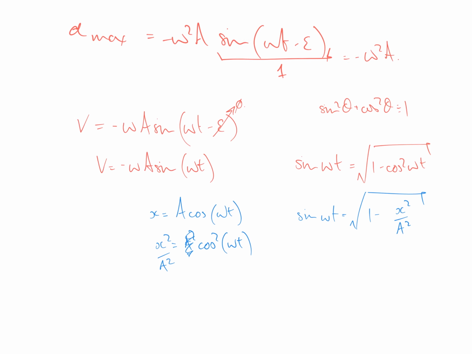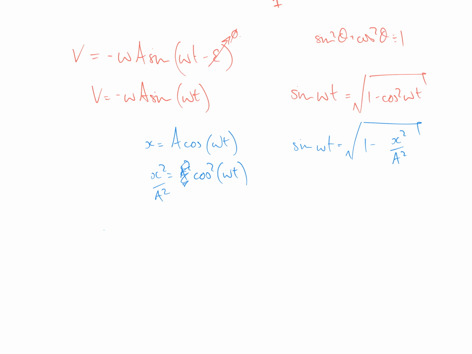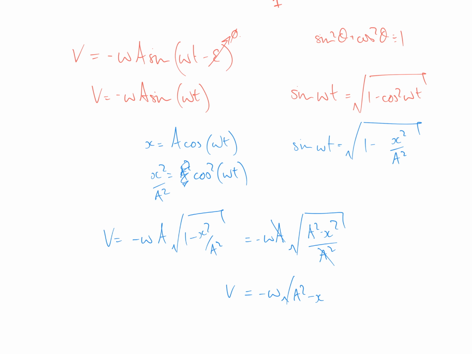Now let's roll that back out again, and I have v therefore equals minus omega a times the square root of 1 minus x squared over a squared. Tidy up a bit, that becomes minus omega a square root of a squared minus x squared, all over a squared. Those two cancel out. That gives me v is going to be minus omega square root of a squared minus x squared.